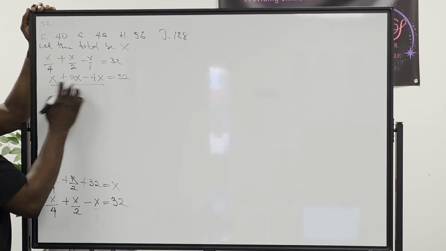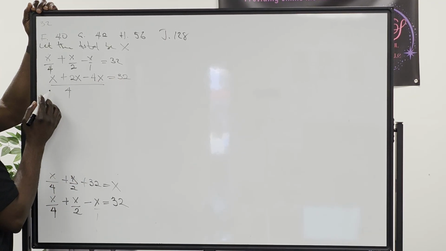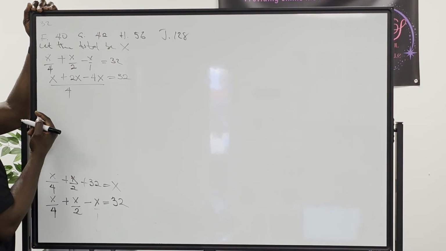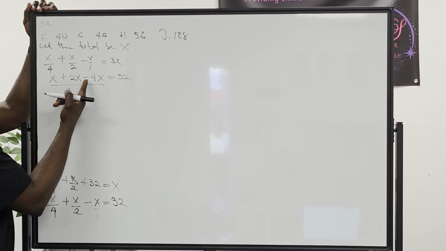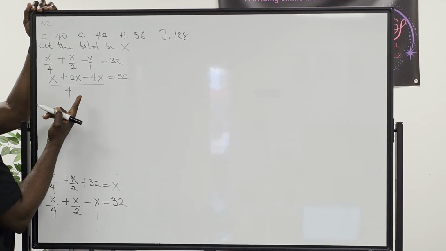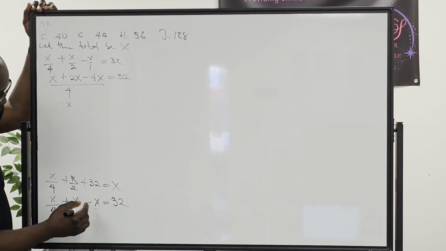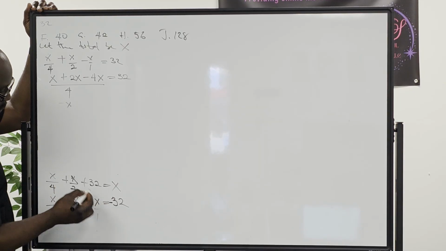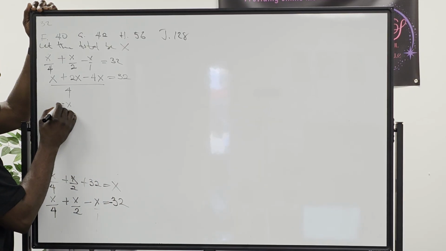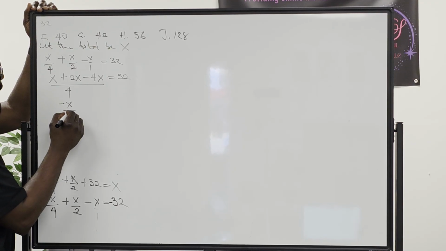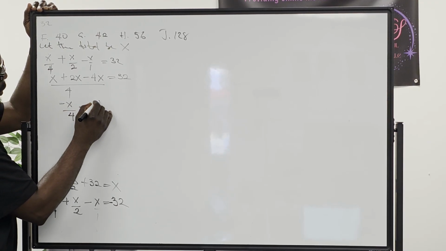So now if you solve for this, you get x plus 2x is 3x. 3x minus 4x is minus x. This one should be minus 32 right here because it took it to the other side. So we have minus x over 4 is equal to minus 32.